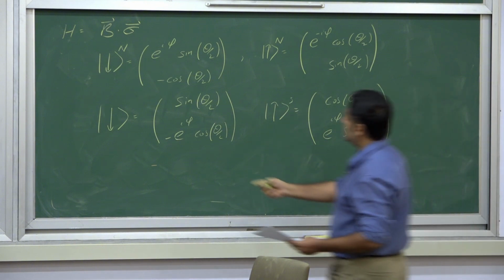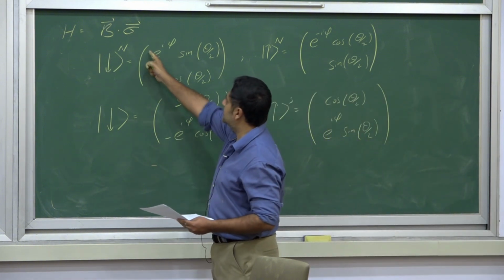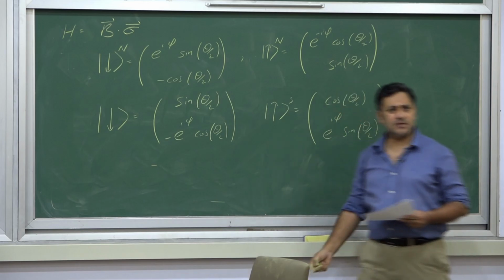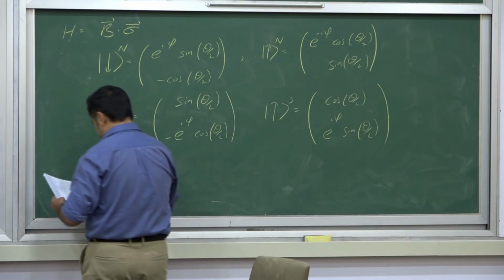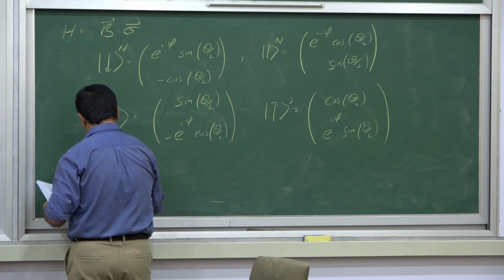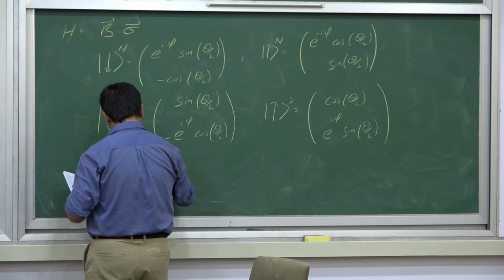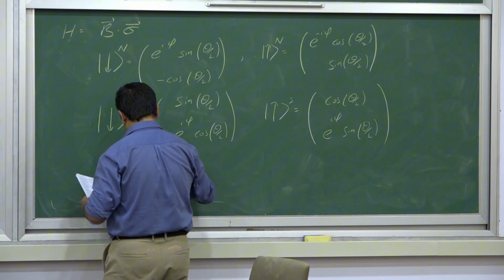And how did I get it? I just multiplied with e^{-iφ}, because I can multiply with global phases. But now I can think of it as this kind of a gauge transformation.